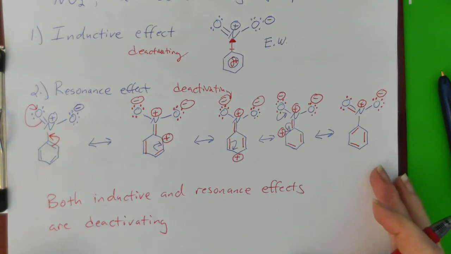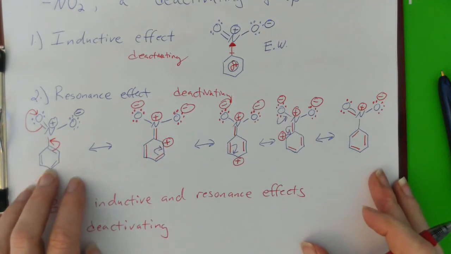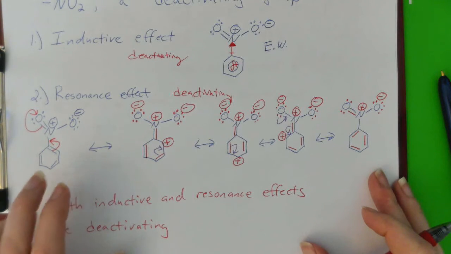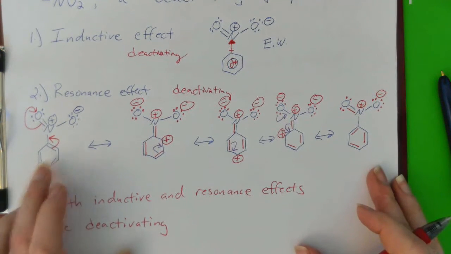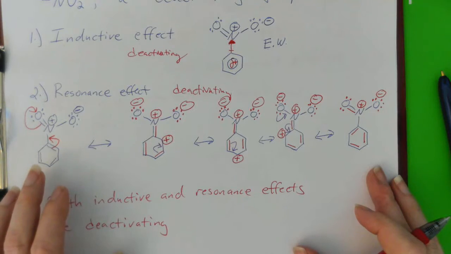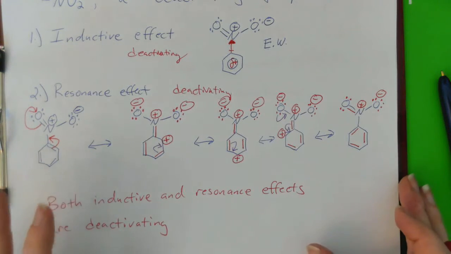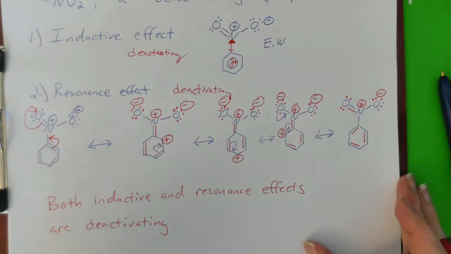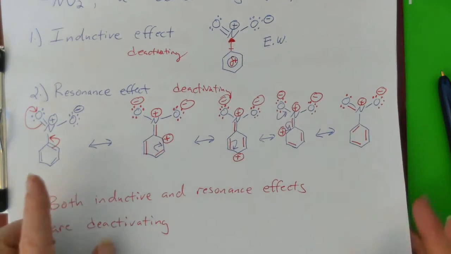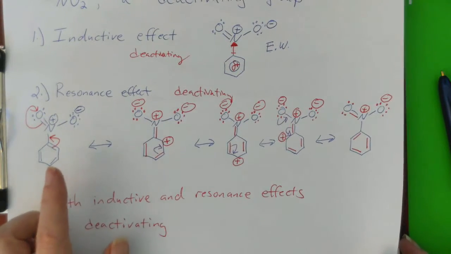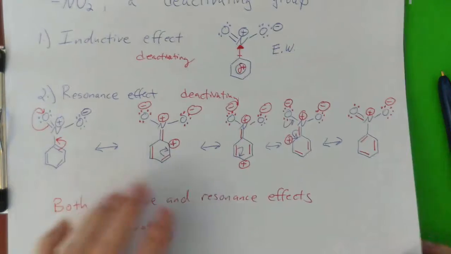We find that if we take nitrobenzene and try to nitrate it, it is thousands of times less reactive than benzene. So let's take a look at what happens when we try to nitrate nitrobenzene, and let's look at the regio outcome.